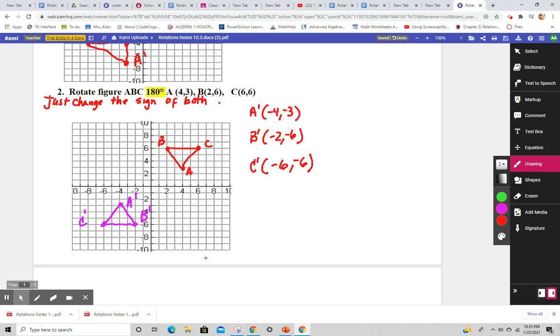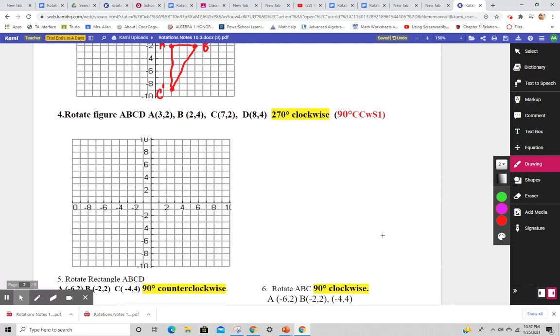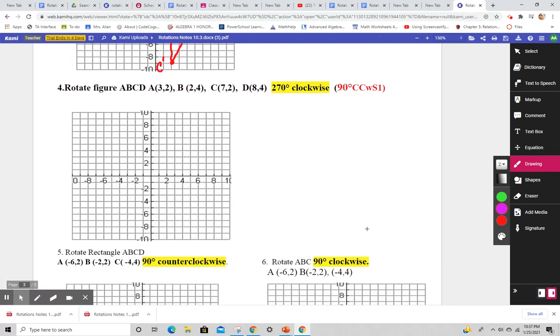And that's it. It's a 180-degree rotation. All right, so we're going to do 4. Rotate figure ABCD 270 degrees clockwise. All right, so let's look at something.